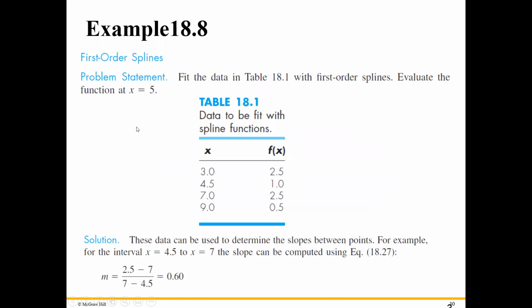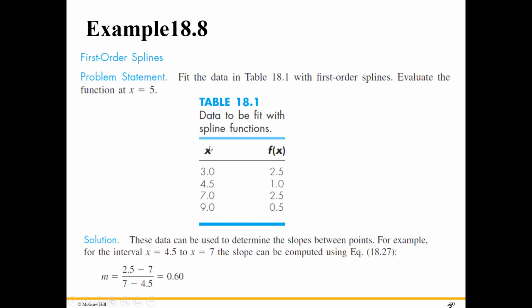So there are some kinds of splines. One kind of spline is called the first order spline, which is very simple. We consider that the spline is obtained by joining the different points with the help of lines.